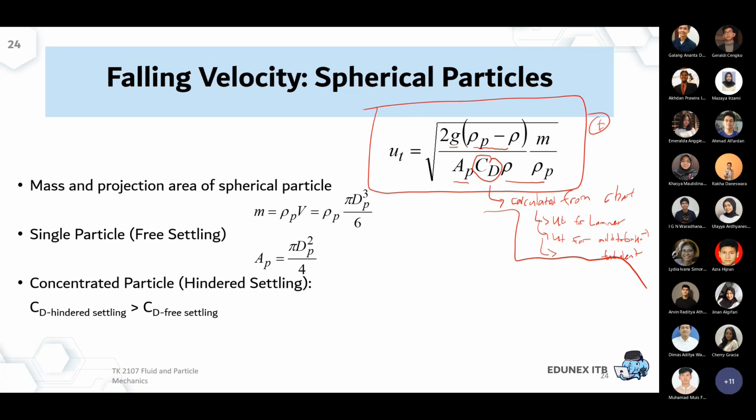But some other people like to have not so generalized a correlation, but a more direct correlation that can be substituted using the numbers provided in the equation. In that case, you have to understand the UT derivation for each regime of the particles.